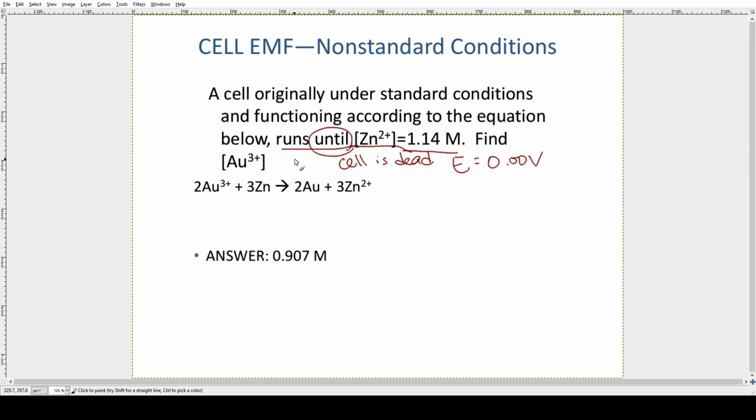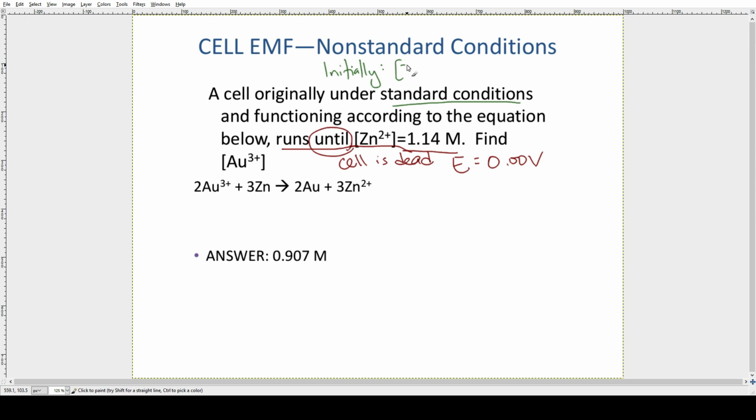So for this, there's a little trick you can use where you don't even have to use the Nernst equation. What you're going to do is say, all right, well, it was at standard conditions. So what was the concentration of each of them initially?